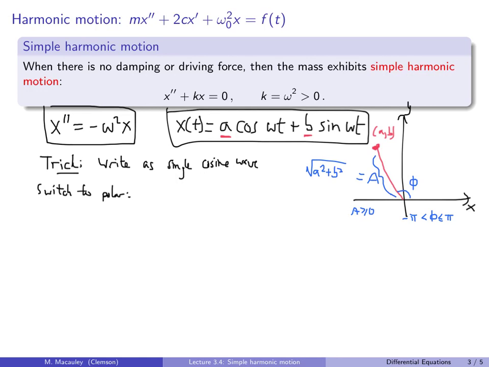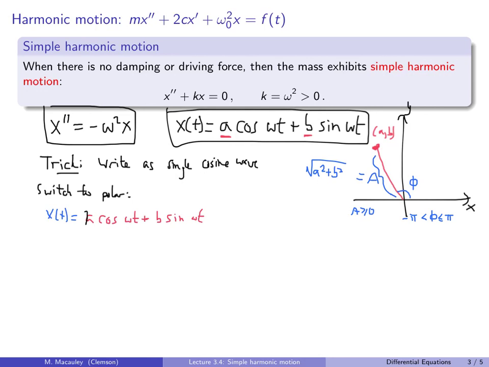Okay, so here's a sneaky little trick. x of t equals, well, I'm going to write it first using a cosine of omega t plus b sine of omega t. And now I'm going to switch to polar.